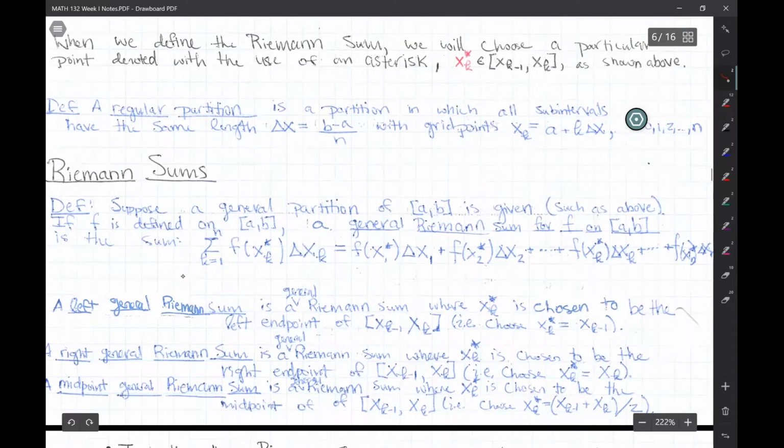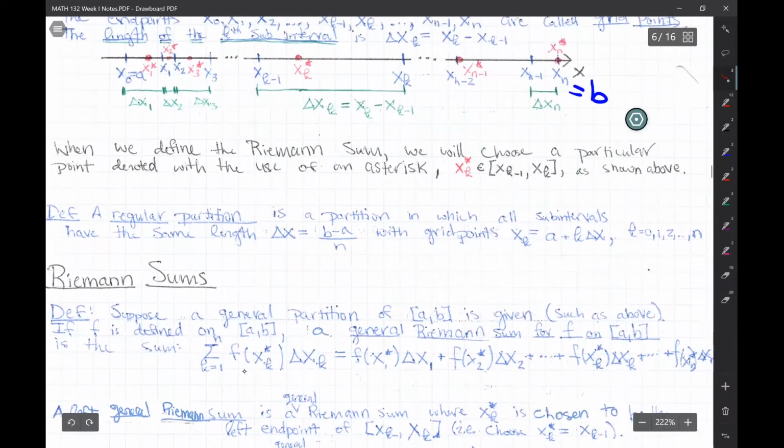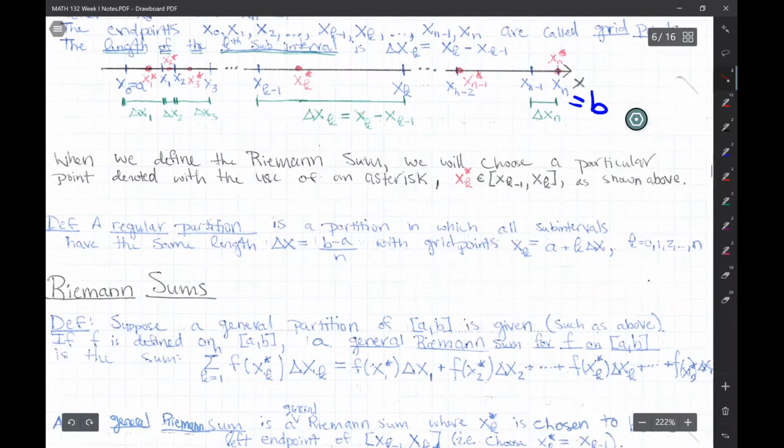Well, the Riemann sum is then the width of each of these partitions times the function f, okay? So we're doing a Riemann sum of the width times the function f evaluated at each of these points, okay? This special point that we've chosen in each of the subintervals.